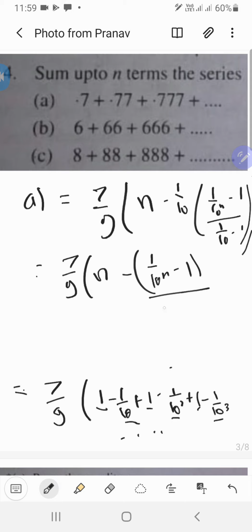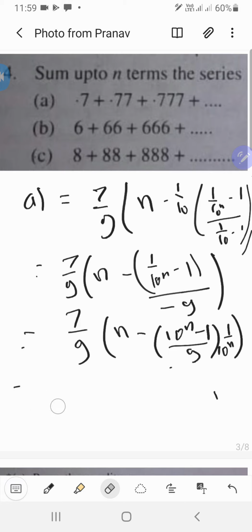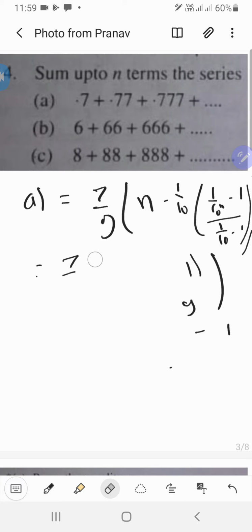So it's 7 by 9 of n, and then you have minus of (10 to the n minus 1) upon 9, but this complete thing is divided by 10 to the n. That's going to be the most simplified version of the answer you can get. So that's nice. Let's do the next question, which is B.